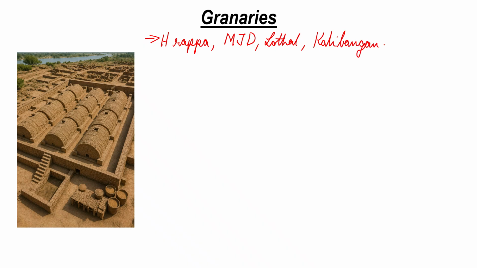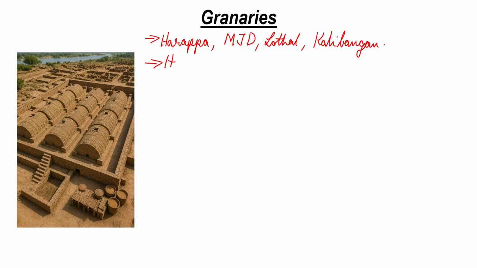In many other places also granaries have been found, but these are the main places where we find granaries. We have studied about the granary of Mohenjo-daro, but that does not mean granary was there only in Mohenjo-daro. It was there in many important sites of Harappan civilization.